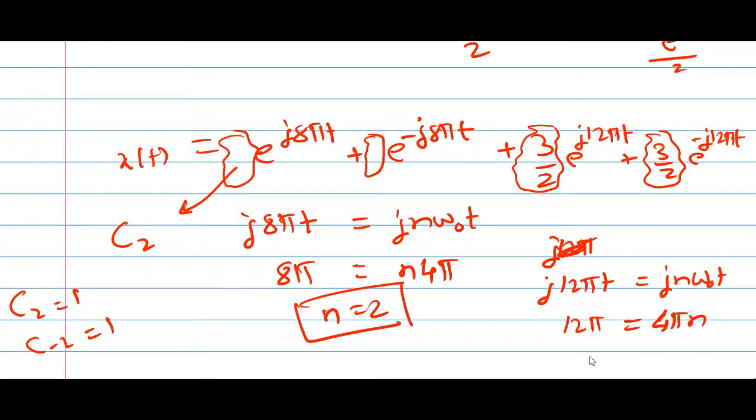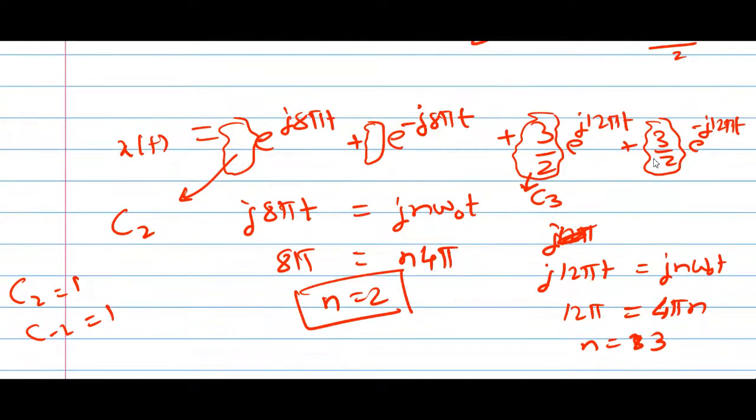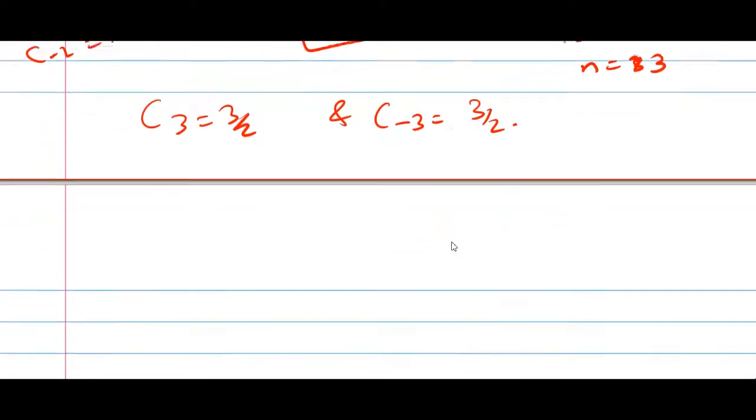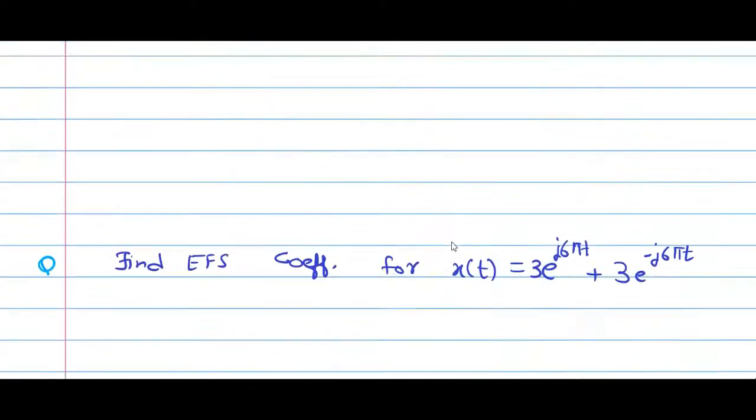Then pi cancel, so n value is 3. So this is nothing but C3 and this is C minus 3. So C3 value is 3 by 2 and C minus 3 is again 3 by 2. Now let's look at one more question.